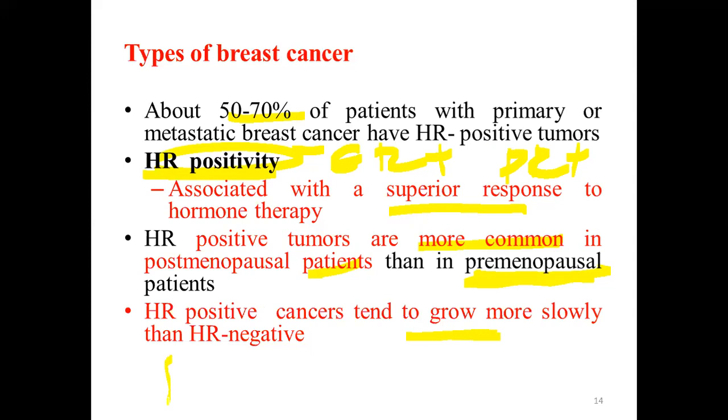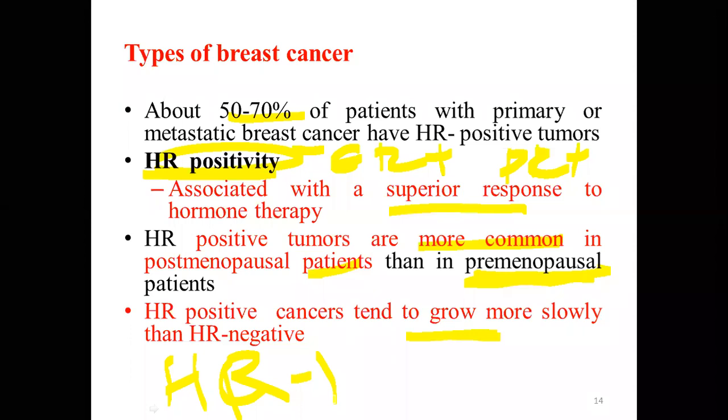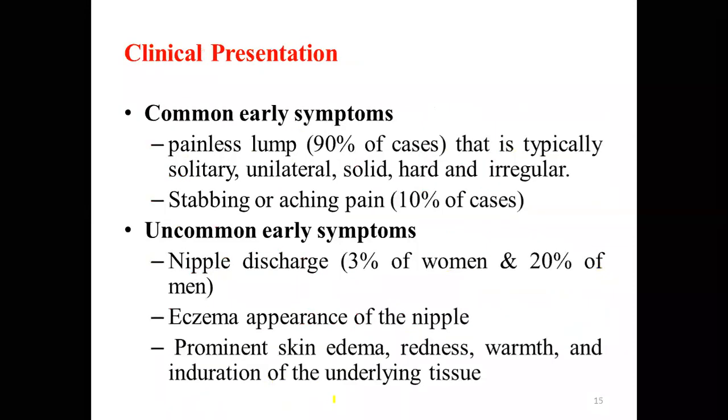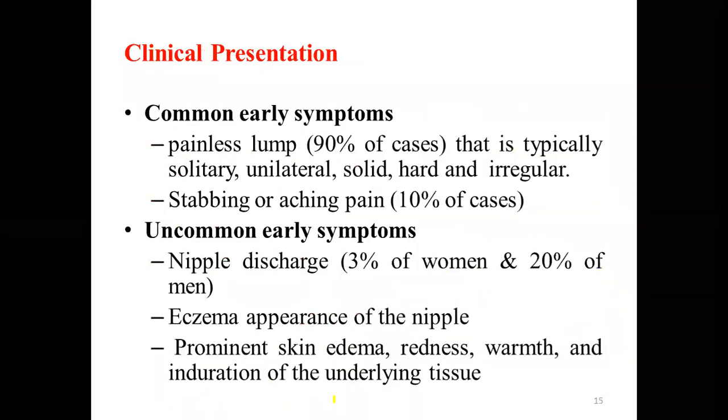If they are HR positive, you can say this tumor is very slow growing, the response is very good, and the prognosis is usually expected to be very good. That is very important, so you can even estimate the chance of survival based on the hormone receptor status of the patient.